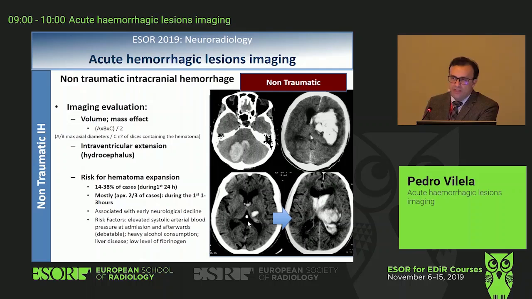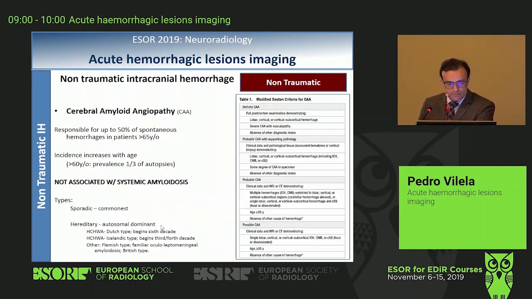And if you think that the population that we are imaging are elderly patients that may have some brain atrophy, in the initial phases this expansion of the hematoma may go subclinically, and you may miss the timing for making the right treatment, such as a ventricular shunt.